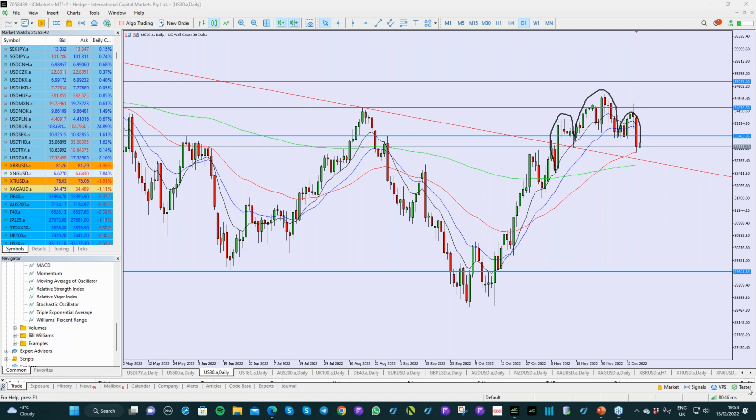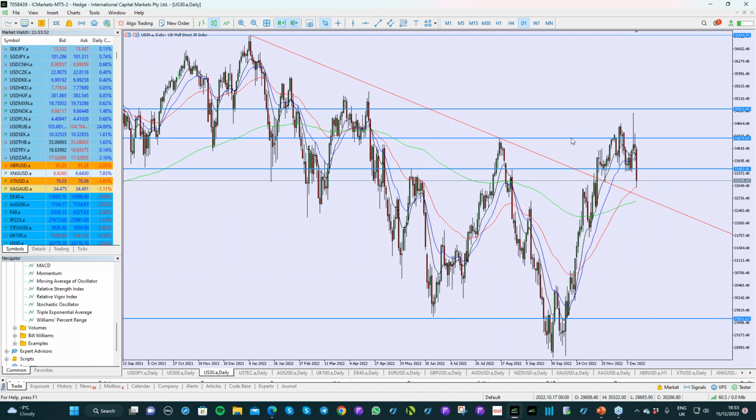So I will be looking for potential opportunities to the downside, and I just want to clarify that those could happen on the intraday time frame. On the daily time frame, I wouldn't necessarily be trading short just yet, because those moving averages are actually all pointing upwards still.